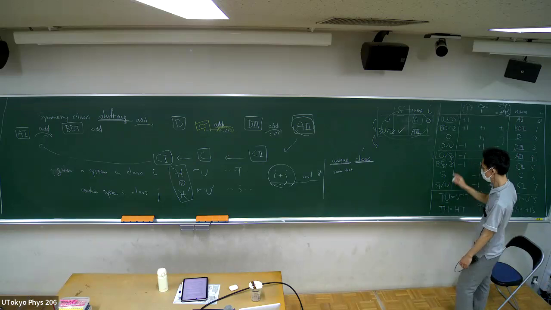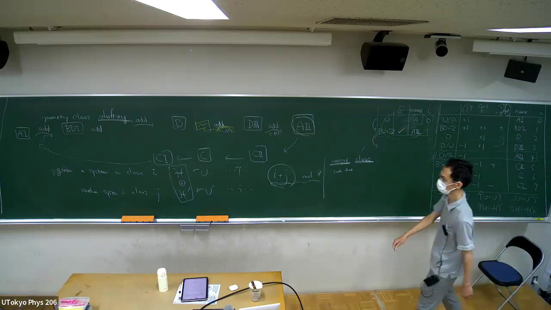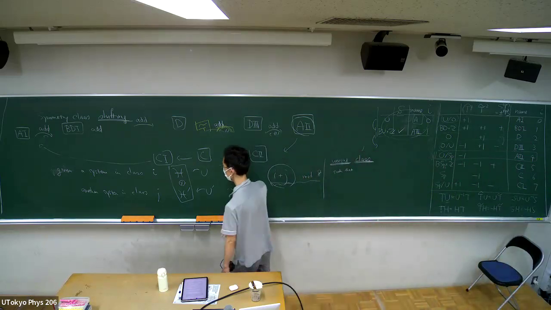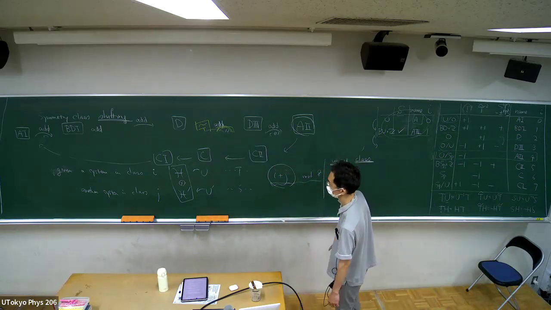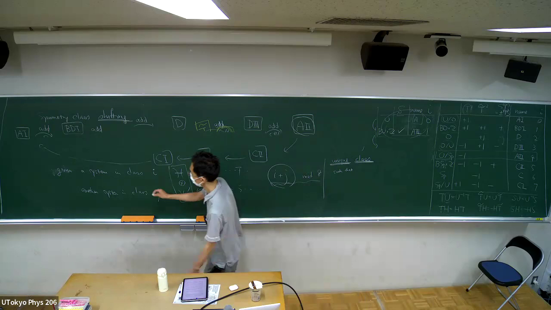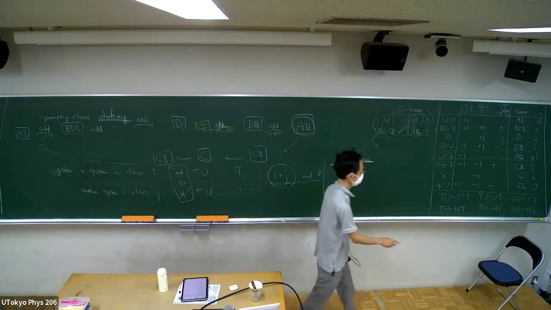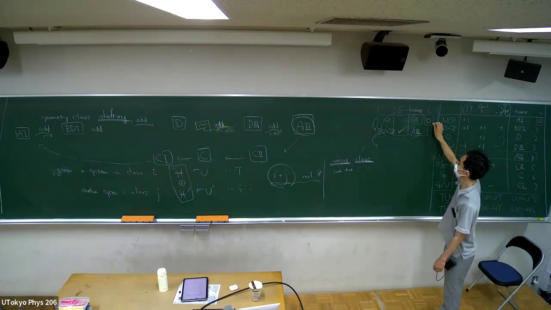The point is that this T is the most naive one, and imposing it doesn't change the symmetry. So this is the addition operation. That explains why I started this circle of classes with period 8 at this point, and similarly with this.